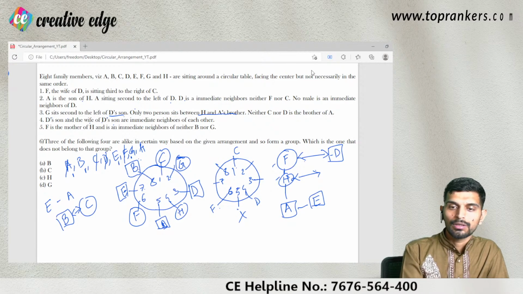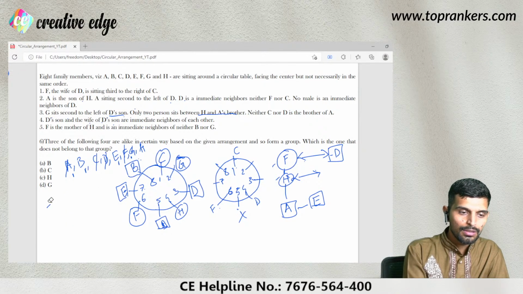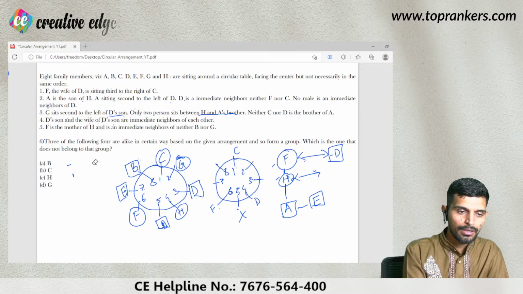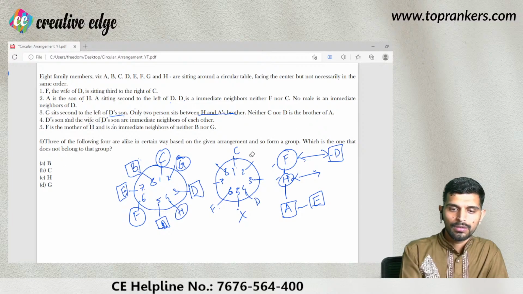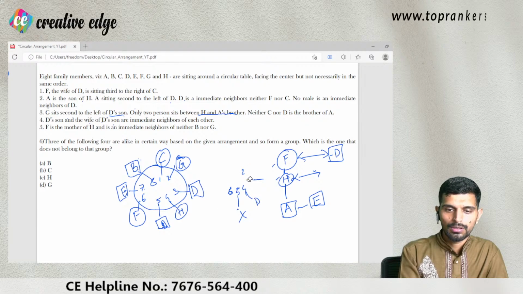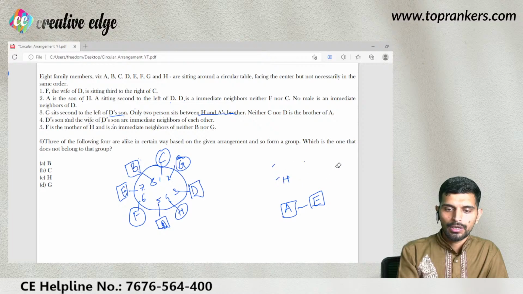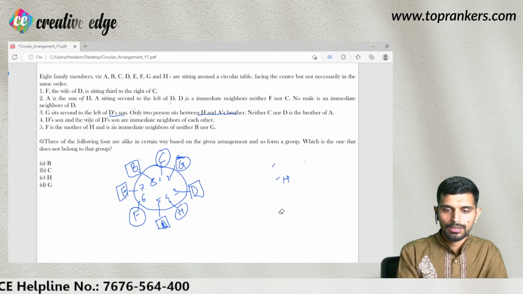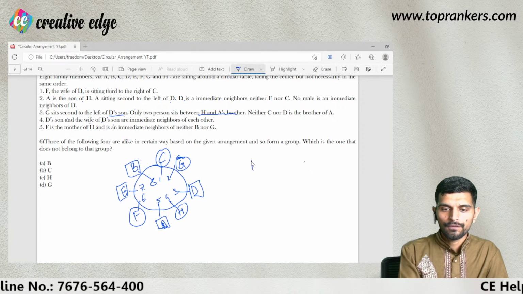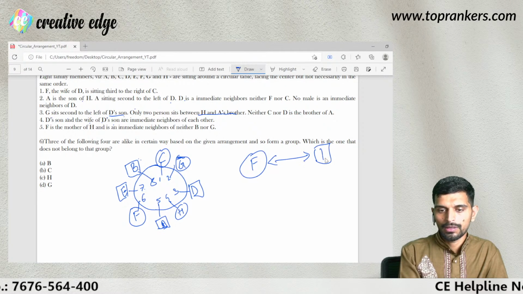So let's see. Let us define them clearly after completing the structure, how things are happening. So this is not possible, so let me eliminate this one. And after this complete arrangement, F is wife of D, right?